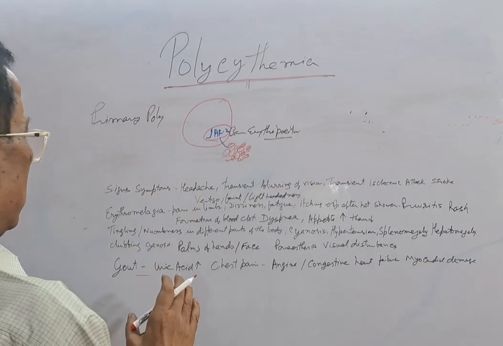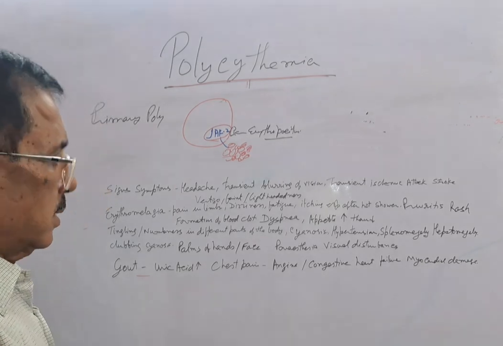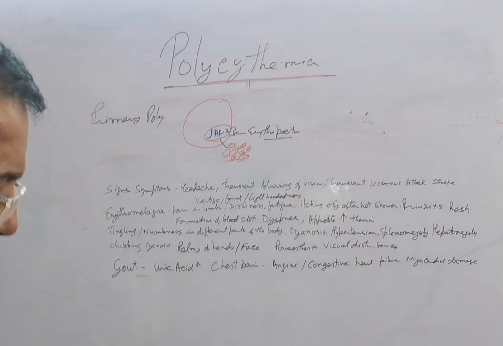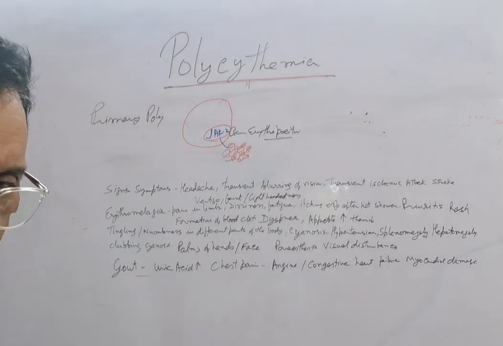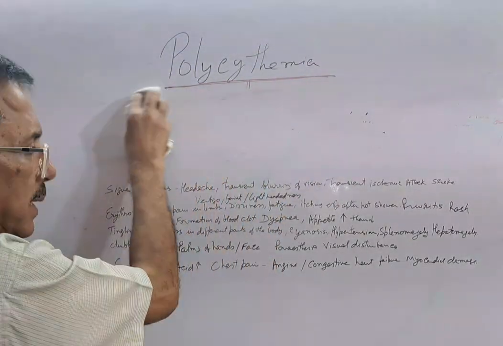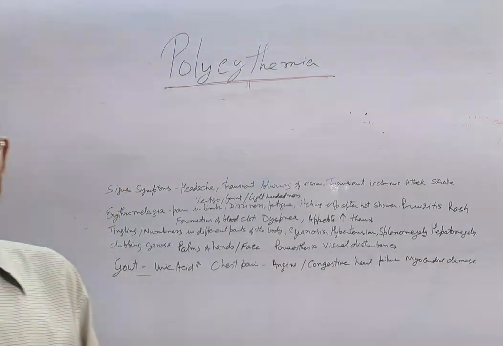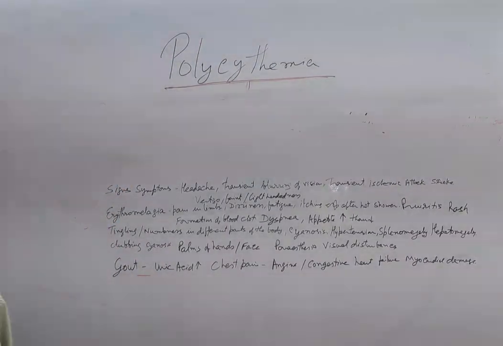Defect is here. This is also a myeloproliferative disorder. Now coming to benign hereditary type, autosomal dominant mutation in the erythropoietin receptor.